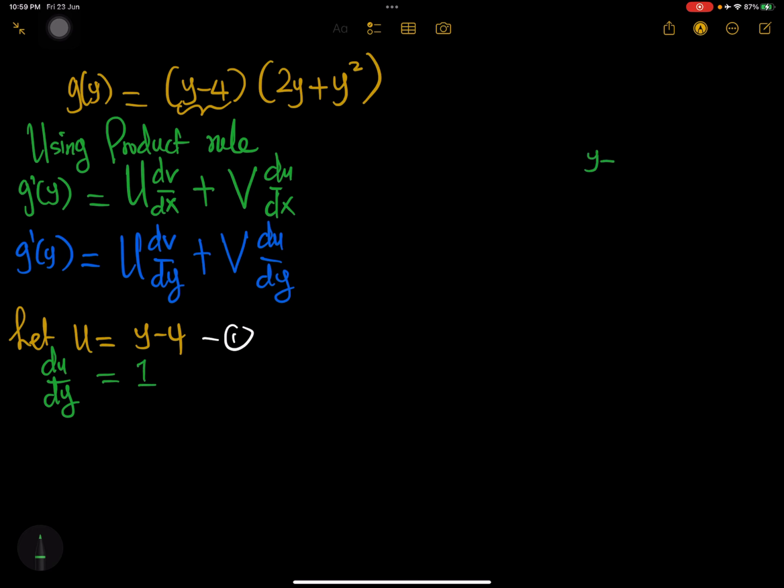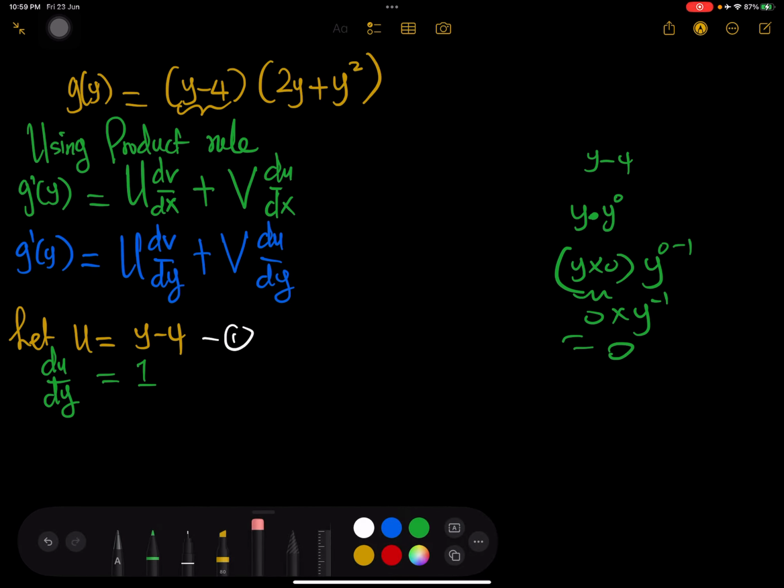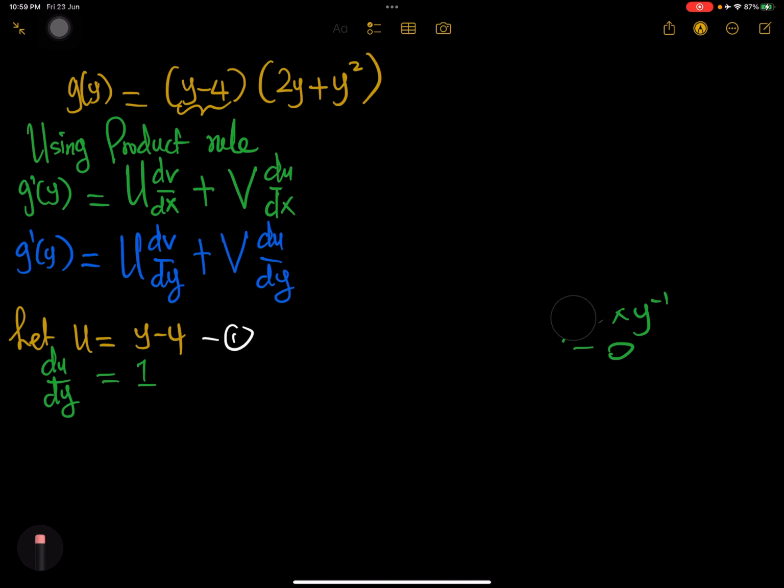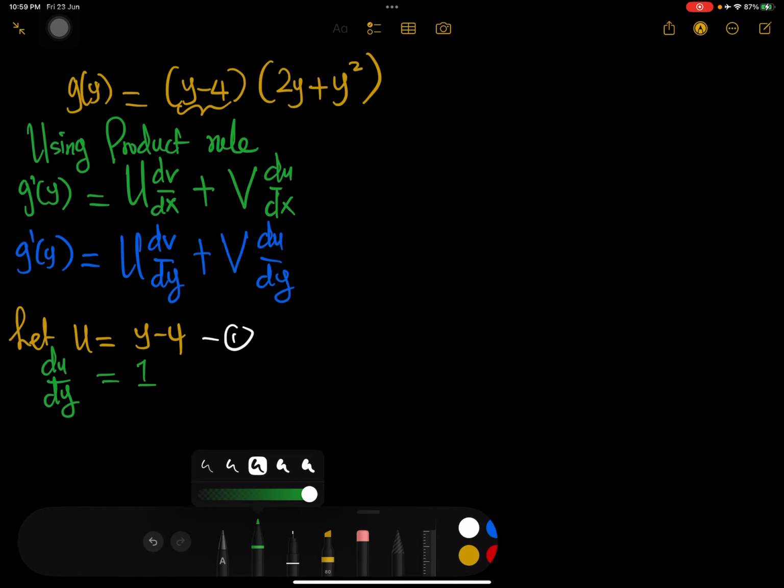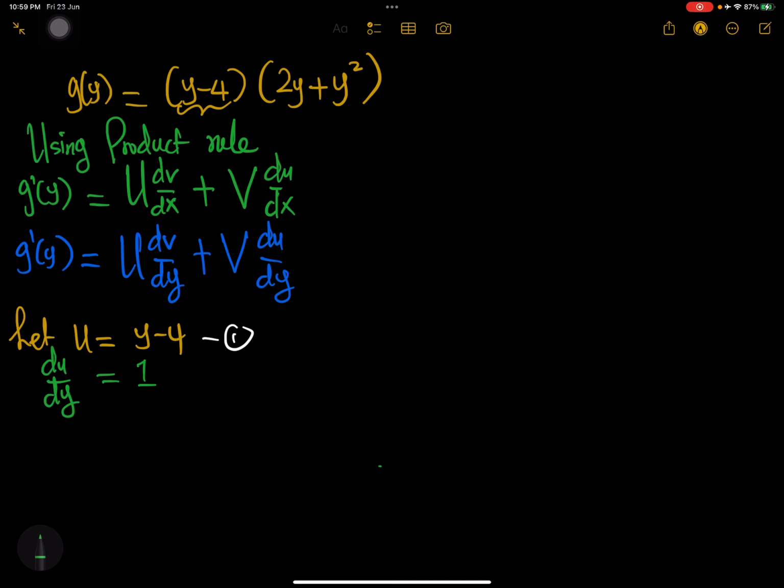Don't forget, y minus 4 is the same as y to the power 1. So we have y times 0 into y to the power 0 minus 1. This is 0 multiplied by y to the power negative 1, and anything multiplied by 0 is 0. That's why we are getting 1 there, by using the first rule of differentiation. So now this gives us equation 2.